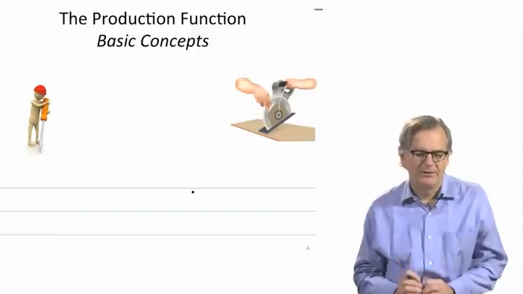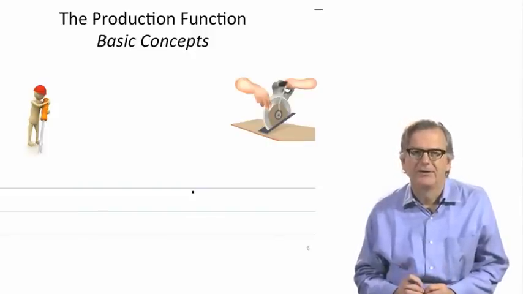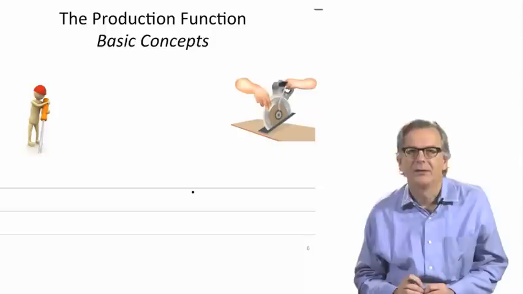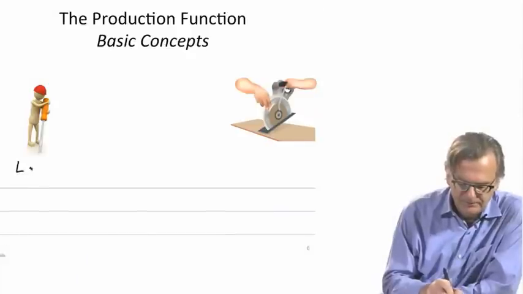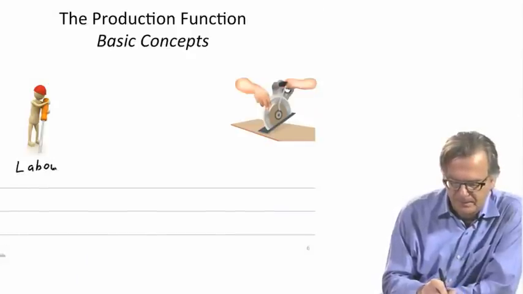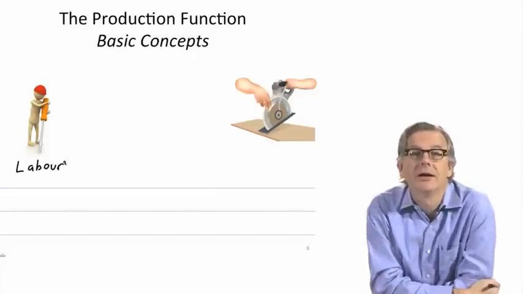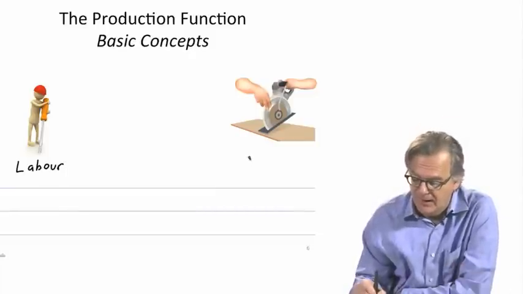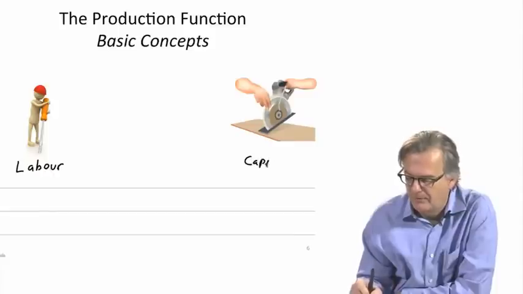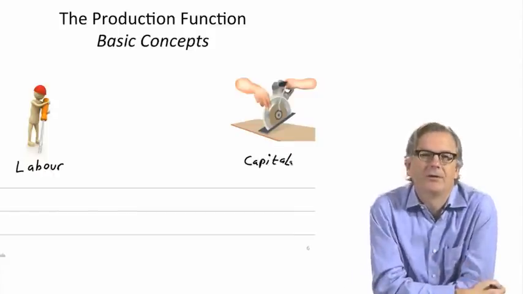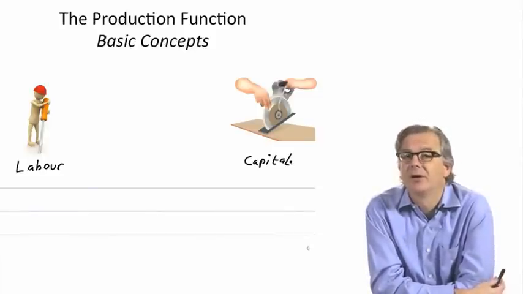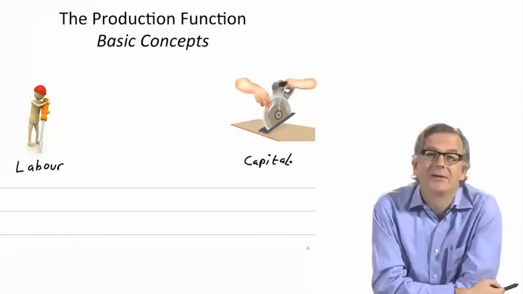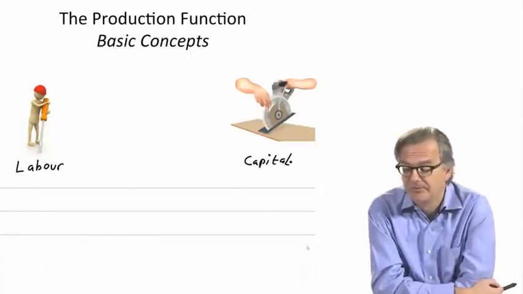So a very basic production function consists of two factors of production only. Labour, so that's you and I, workers, and capital. Now, capital is one of those words that economists use in a very precise way, and it's not necessarily the same way that non-economists use it.